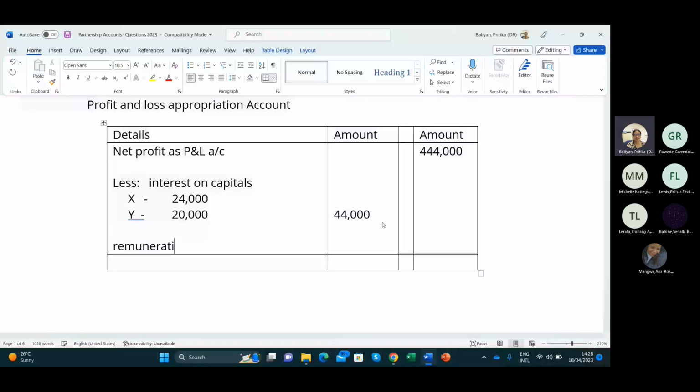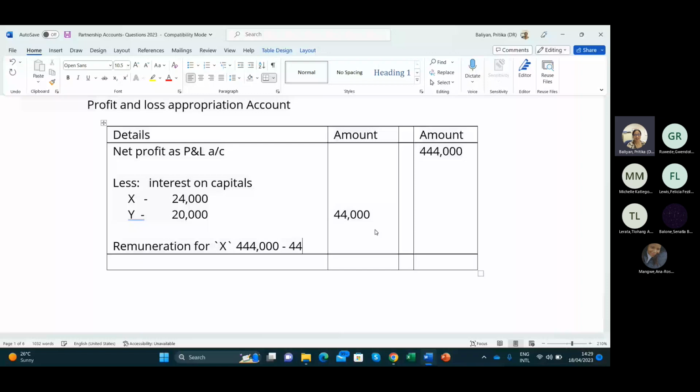Remuneration for partner X. So when you are calculating, you will calculate like that: the profit of the business minus the interest on capital, which is 44,000.